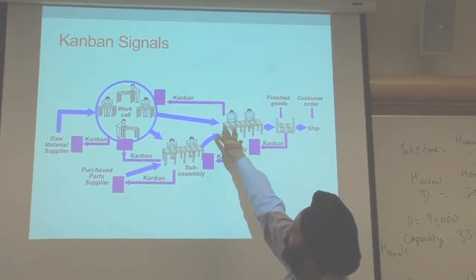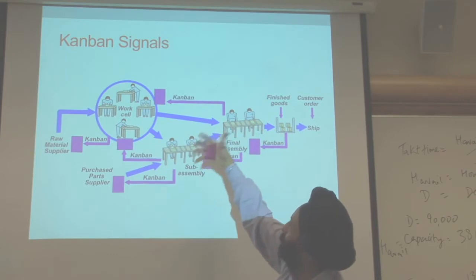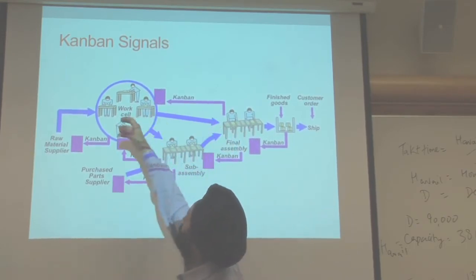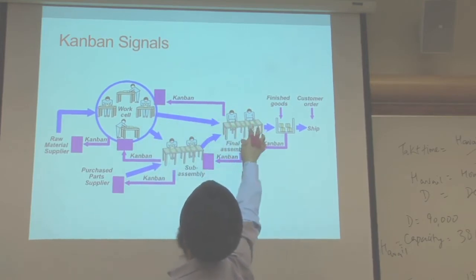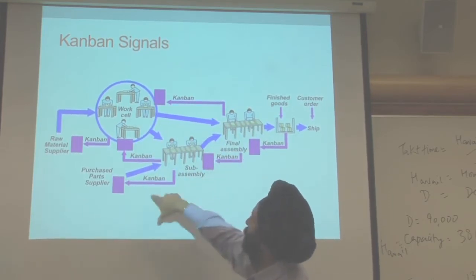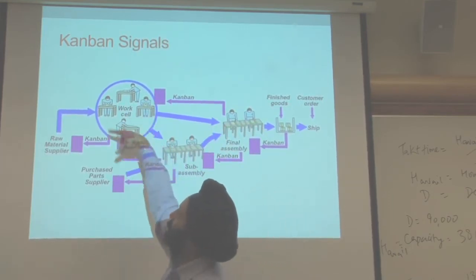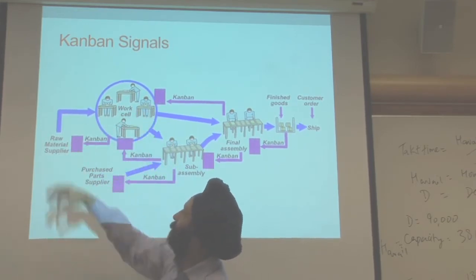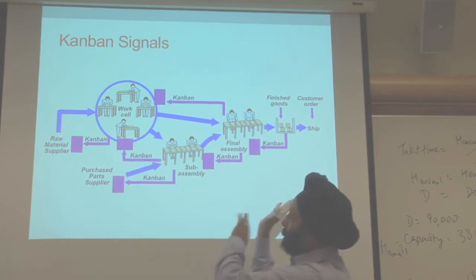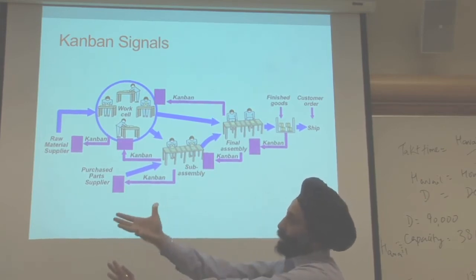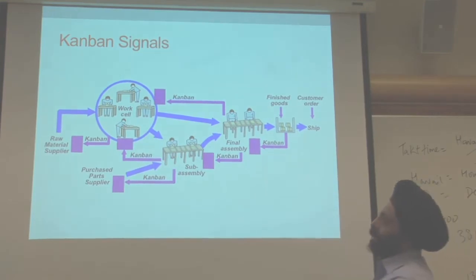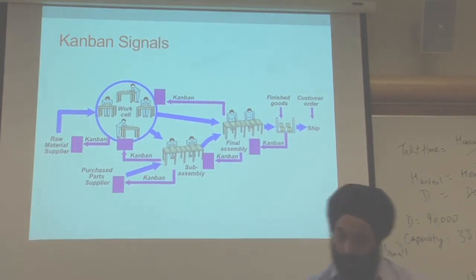As soon as the final assembly area picks up and releases the Kanban, because they are picking up sub-assemblies to make the final assembly, these are triggering Kanbans to go in so that these guys can also start producing the sub-assemblies from the raw material. So the Kanbans are moving back, authorizing work, and the actual work is being created, which is moving forward.